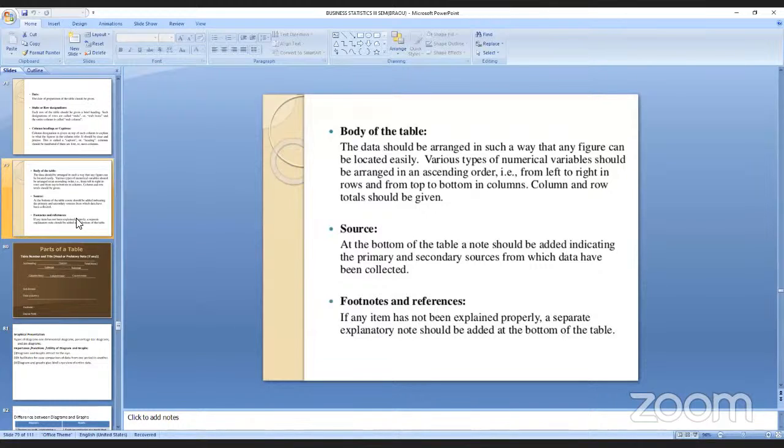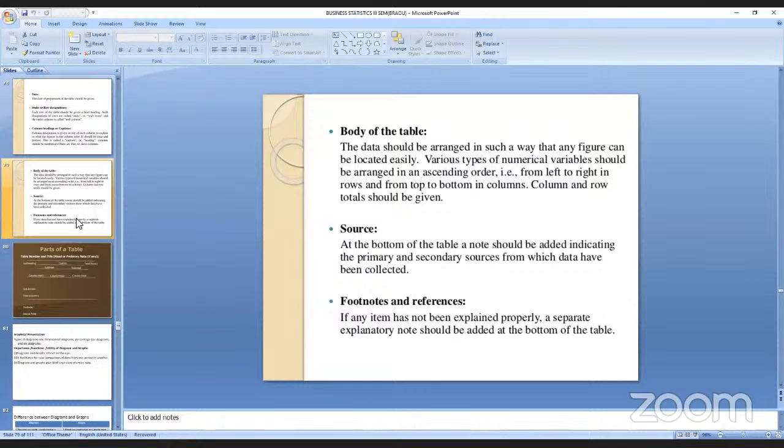The variable in numerical tables should be arranged in ascending order. Ascending order means small to big, from left to right in a row, and from top to bottom in a column. Is it right?